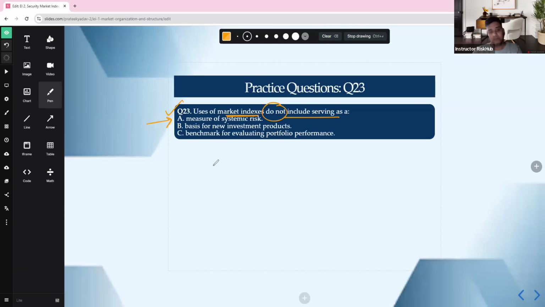Now, this is very confusing. What's the difference between systematic and systemic? Systematic is your market risk. Systematic is your market risk, like CAPM.